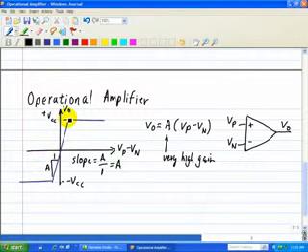In other words, you can't go higher than what you're supplying in terms of voltages. So our output voltage is limited by our plus VCC and minus VCC. When they operate in this region, we call that the saturation region or mode. Here we call this the linear mode, so that a corresponding increase in our voltage difference between VP and VN is a corresponding increase in our output.